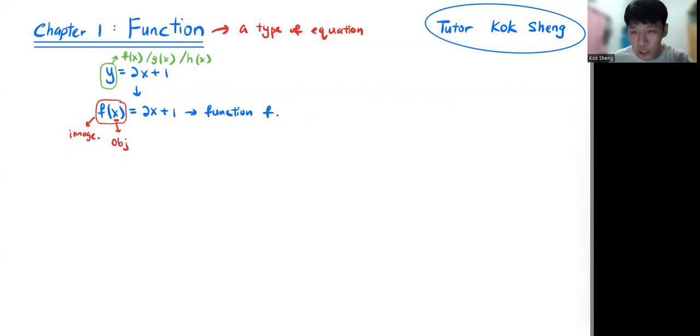So from here, besides the object x, you can see the right side, the same x is also your object. What I mean is, if you change anything to replace the x, let's say I change it to 2, for example, the x on the right side will become 2 also.